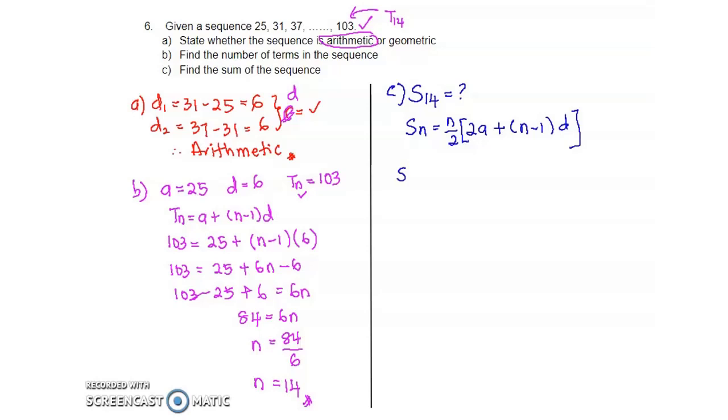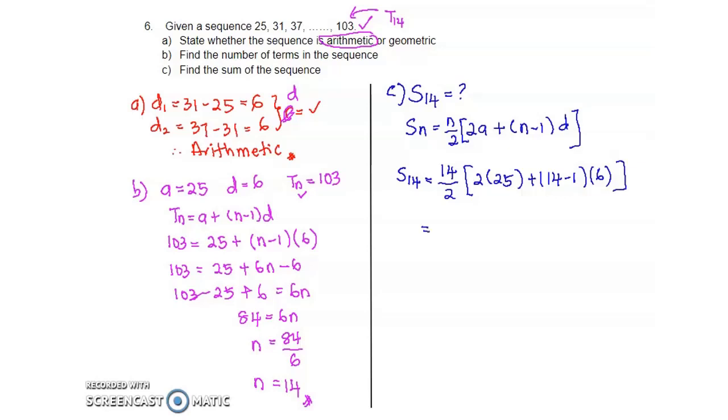As it is 14, n equals 14. 14 divided by 2, times 2 times a, which just now is 25, plus n minus 1, 14 minus 1, multiplied by d. The common difference is 6.